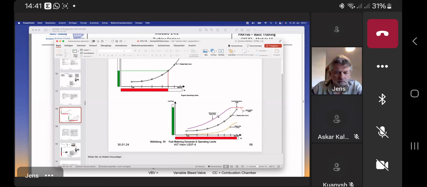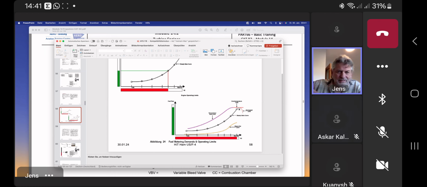stall limit. So also what can happen if the engine enhances the fuel flow too fast, we go to the over temperature limit. Remember, please, if 600 kilograms of air will be moved by the engine and we have a bypass ratio of 6:1, that means 100 kilograms of air enter the engine.